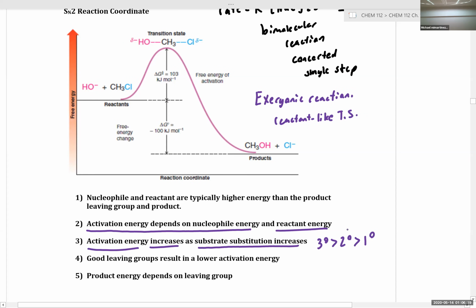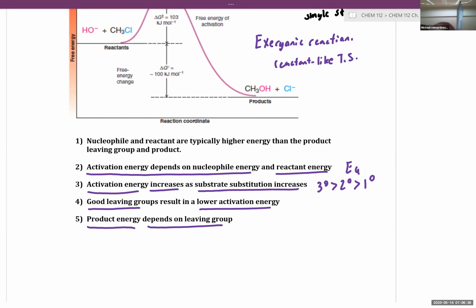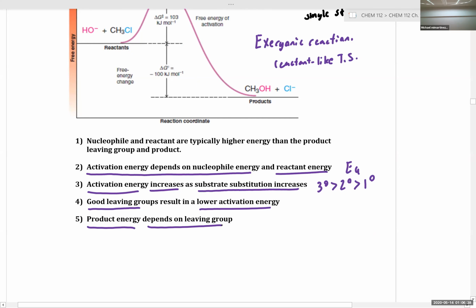In terms of activation energy, remember the higher the activation energy, the slower the reaction. Good leaving groups result in a lower activation energy, and the exact product energy depends partially on your leaving group, whether it's stabilized or destabilized, whether it's a good or a poor leaving group.